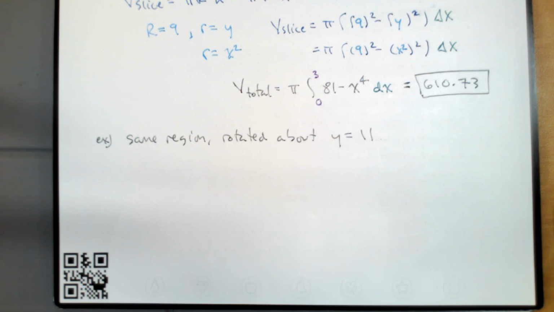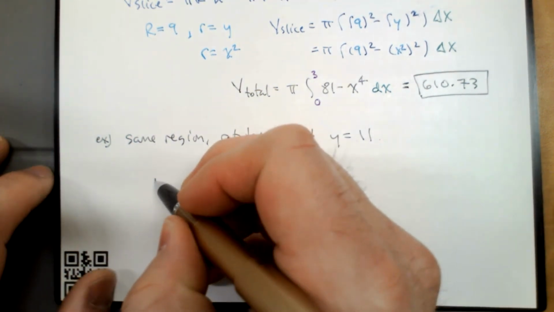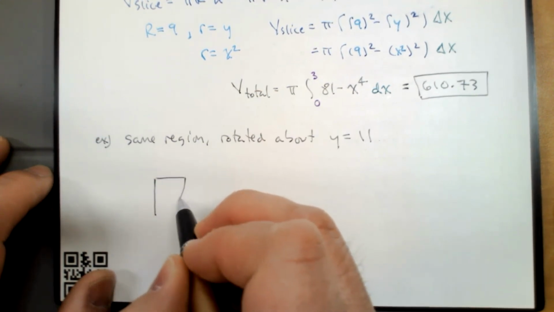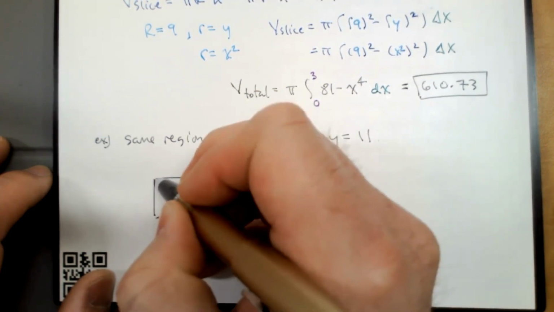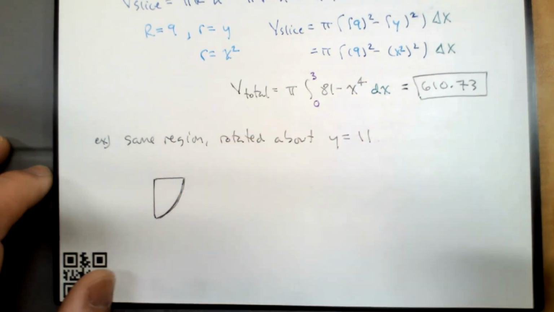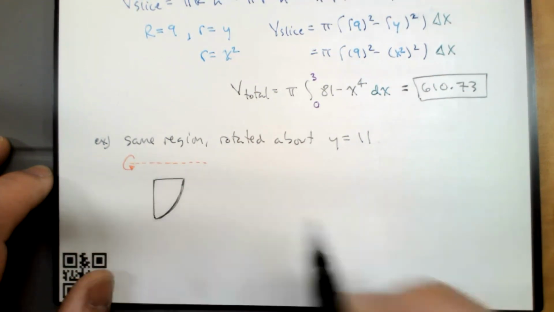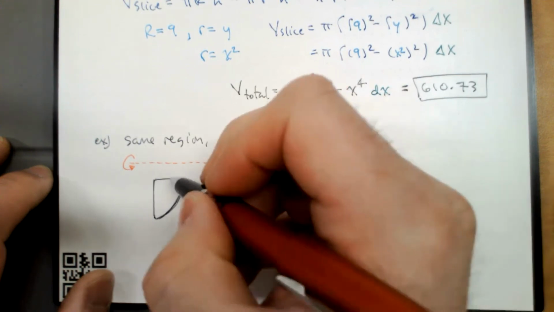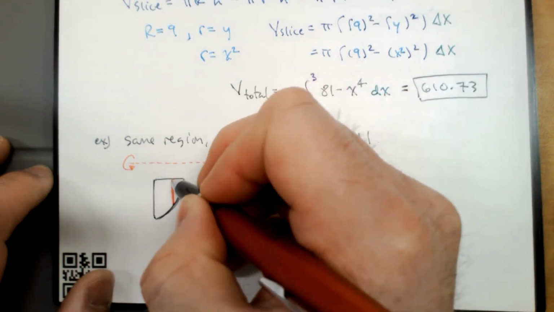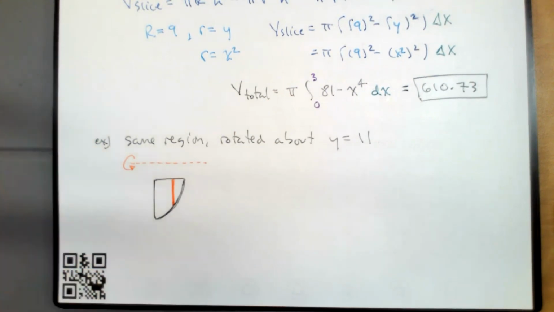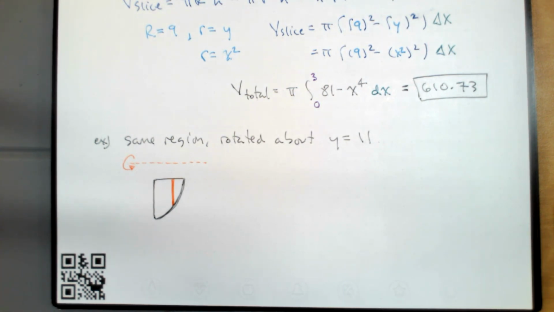We're still going to slice perpendicular to the axis of rotation, but now our axis is not a boundary of the region. In this case, our axis of rotation is going to be above, at y equals 11. Our slice still has to sit inside of our region. Do all the things. Label your big R, label your little r, label x and y.